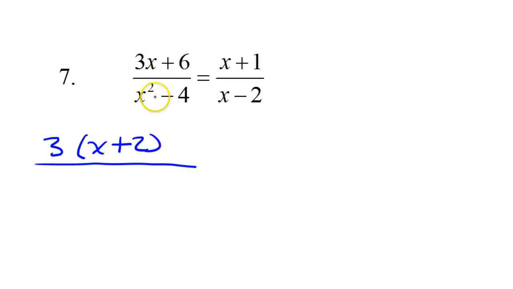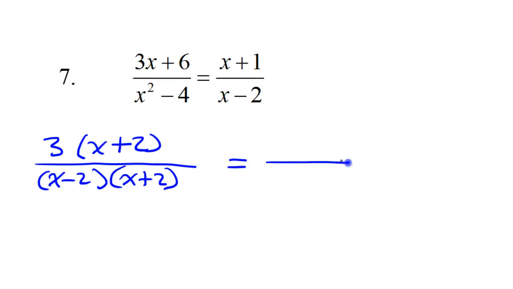Now, x squared minus 4. Now you're about to see why I pulled out the GCF, because x squared minus 4 factors as x minus 2 times x plus 2. Alright, the difference of two squares. Okay, now that is going to equal this, and I'm just going to copy it down.